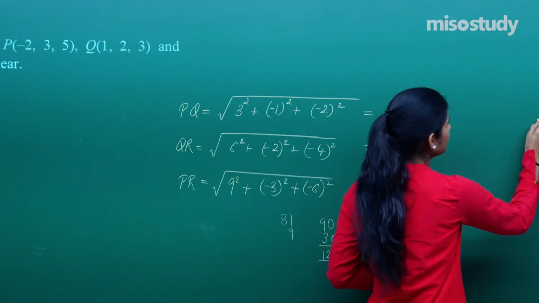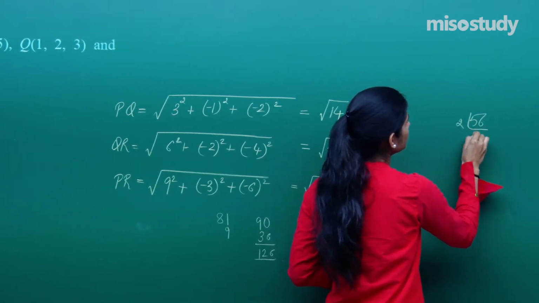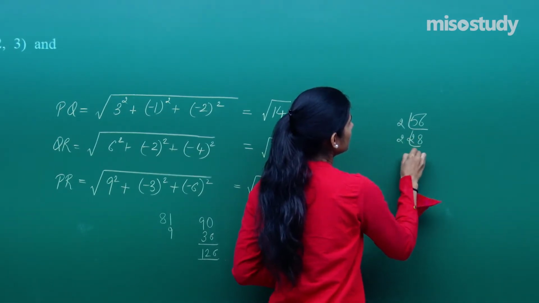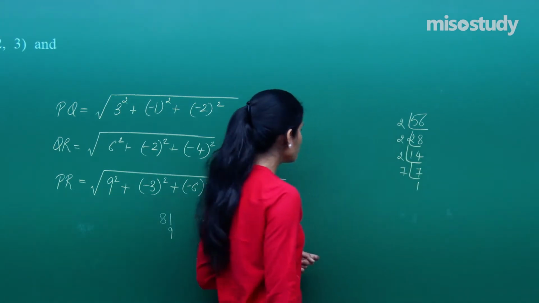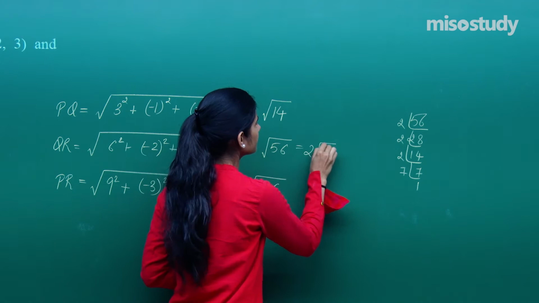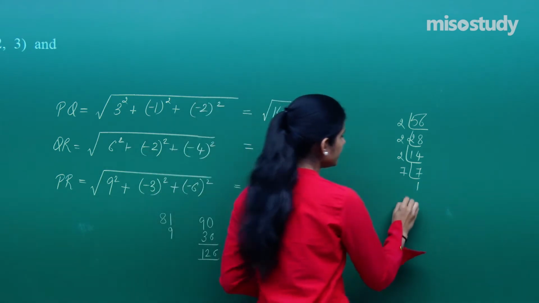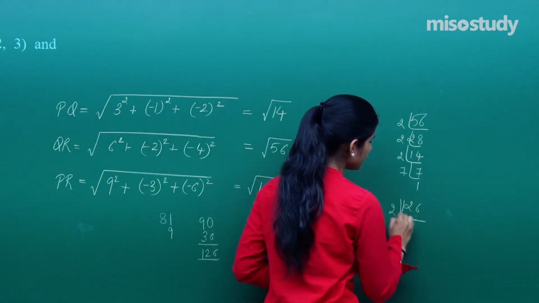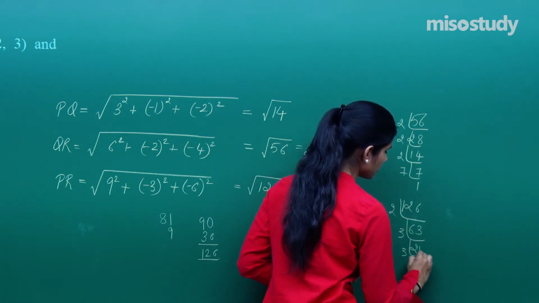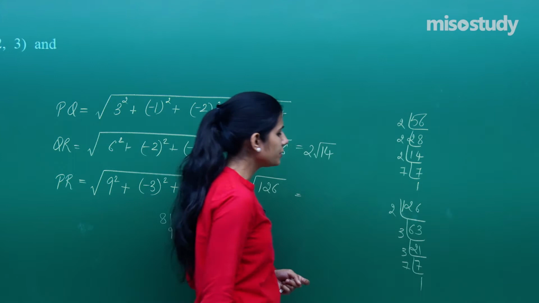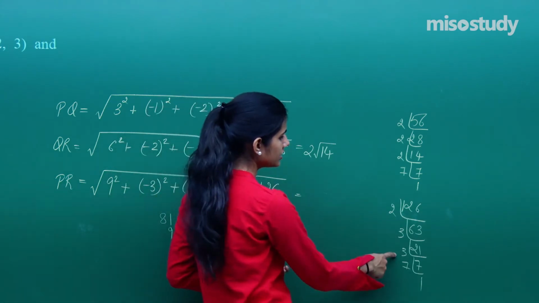If you talk about 56, this is 2. Let's try to see what this comes out to be. So this is 2 root 14. And 126 comes out to be what? It comes out to be 3 root 14.